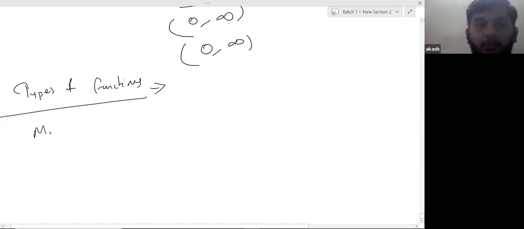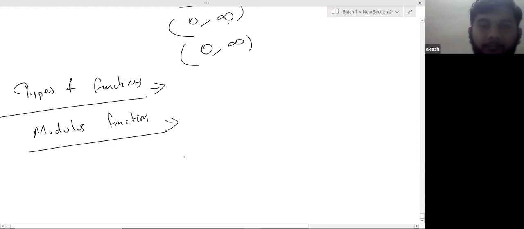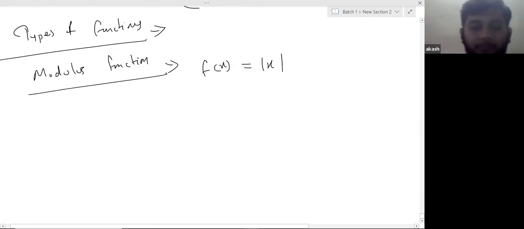Write down types of functions. First is modulus function. F of x equals to mod x. We write it like this. What this means is f of x equals to mod x.